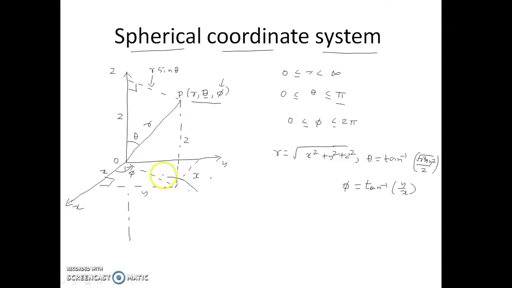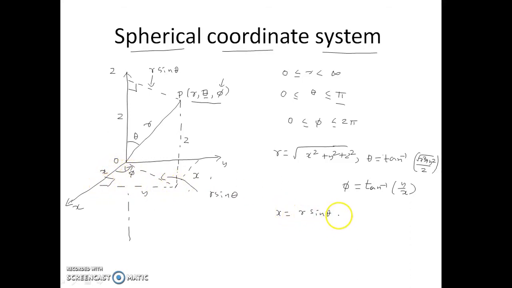Therefore x is given by r sin theta, because this is the hypotenuse, this is the adjacent side and this is the opposite side.